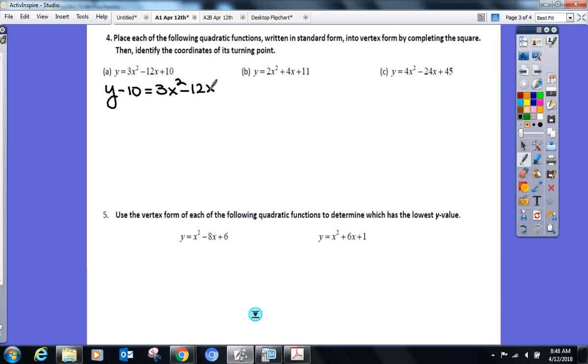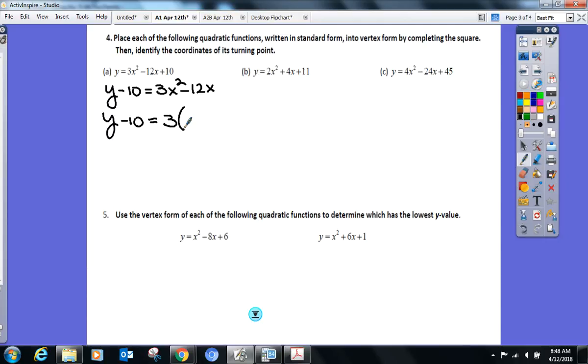We're going to factor out a 3 here, to make the A value 1. We're not dividing everything by 3. Take a look. To make the A value 1, we're going to factor out a 3, like a GCF, because I need the A value to be 1 for me to start completing the square. What's inside, guys?